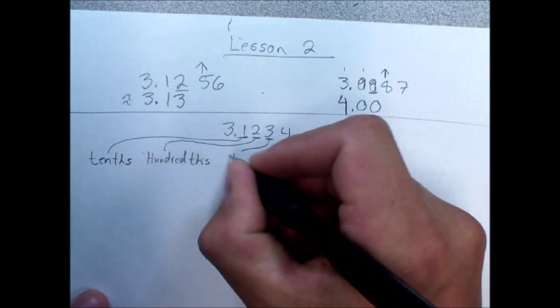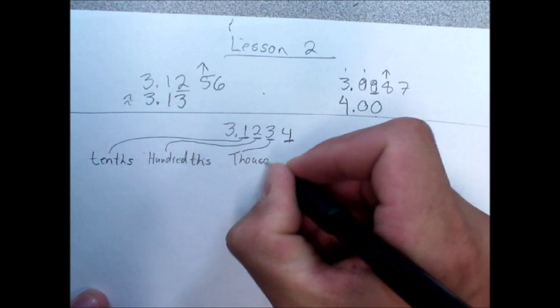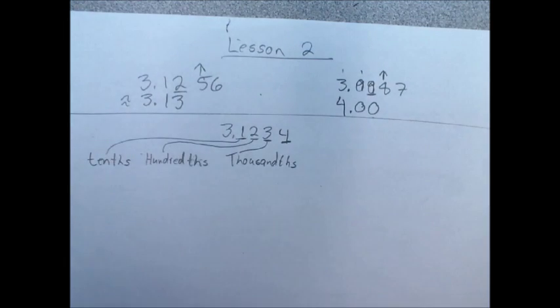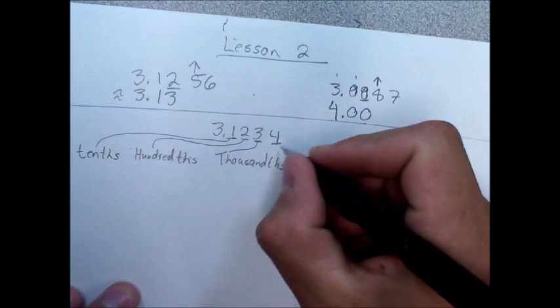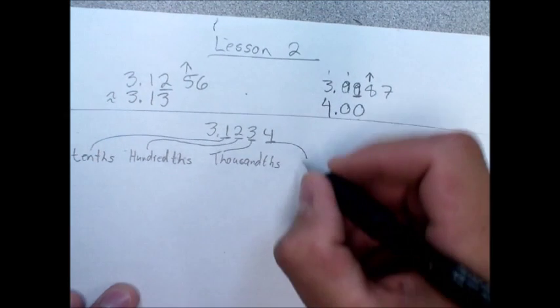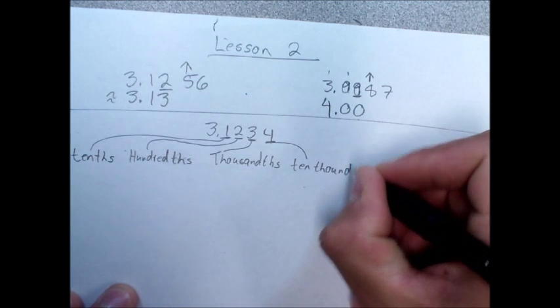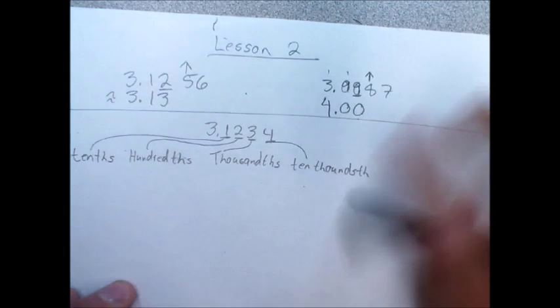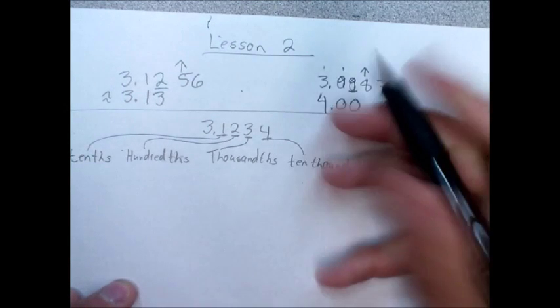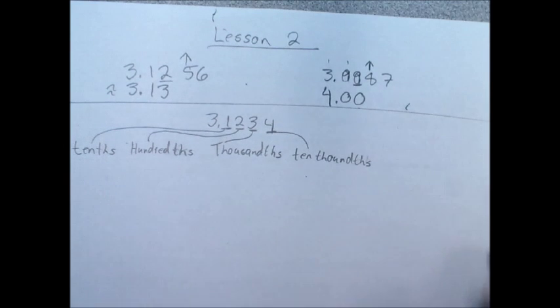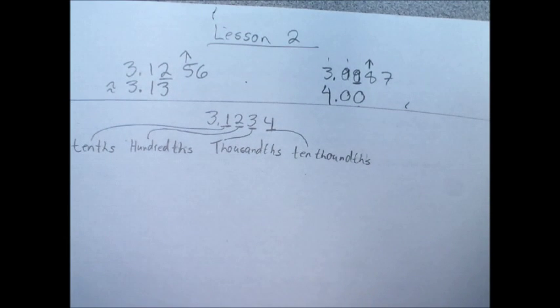This one would be the thousandths. The third goes to the thousandths, and then the fourth decimal place is going to be the ten thousandths. Say that again. Oh, you're right, sorry.